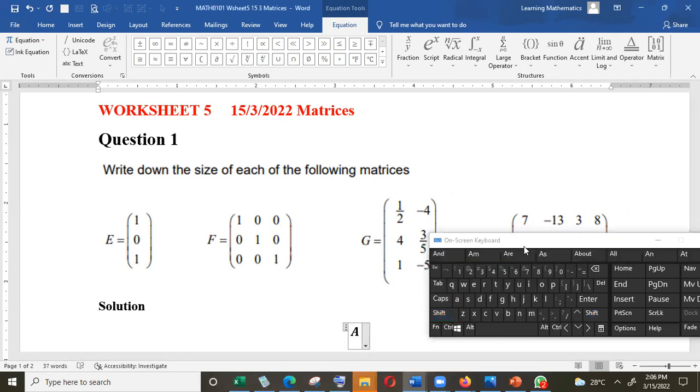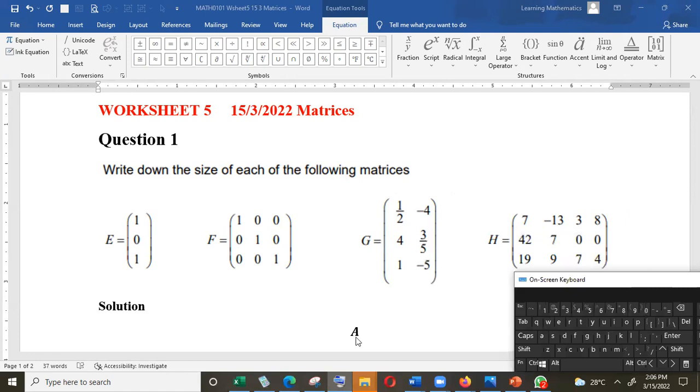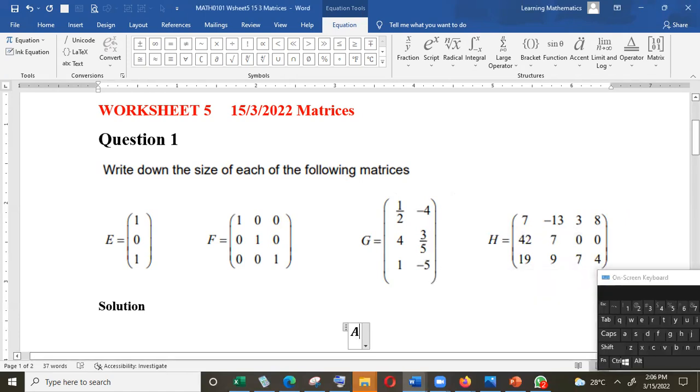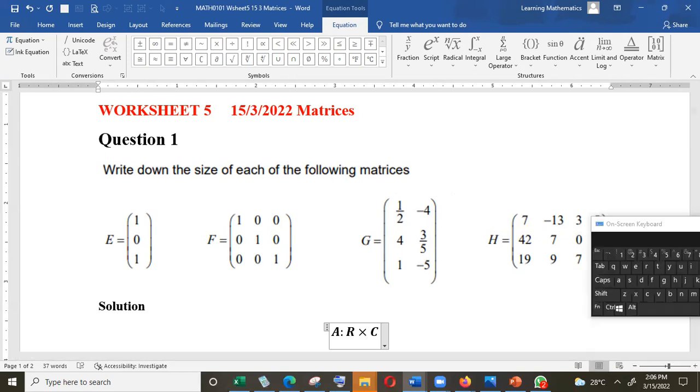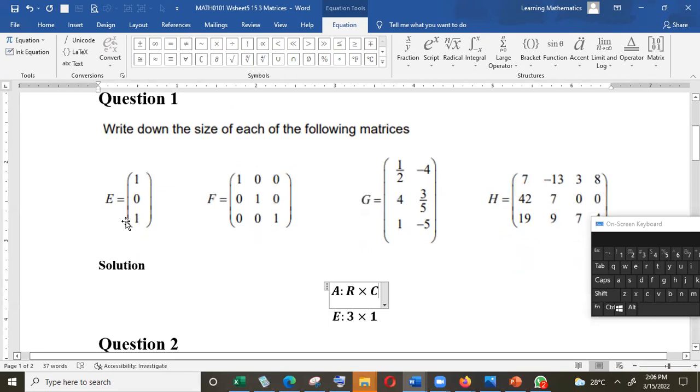So the size of a matrix, always mention the number of rows first times the number of columns. So that's why matrix E is a 3 by 1.